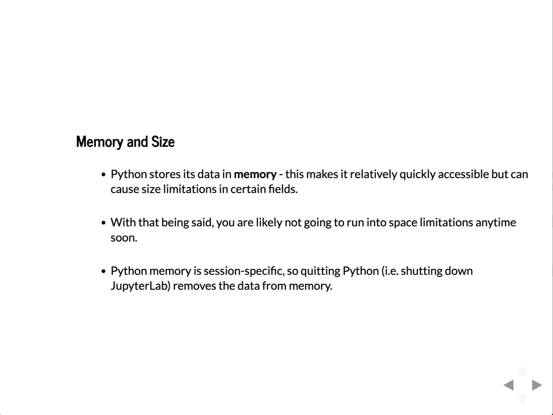Now, there are options of using Python to work with distributed data, and we can do that through like PySpark, which allows us to use the Spark language and interface to do distributed programming. And we can also work with relational databases such as like SQL. But for the most part, we're mainly going to be just looking at working with small to moderate data sets so we get a familiarity with how to do some basic data analysis steps.